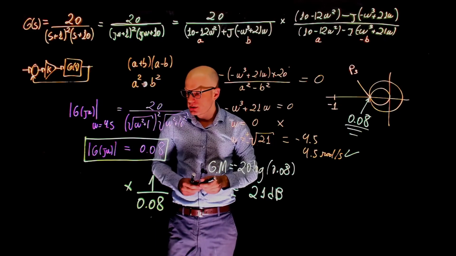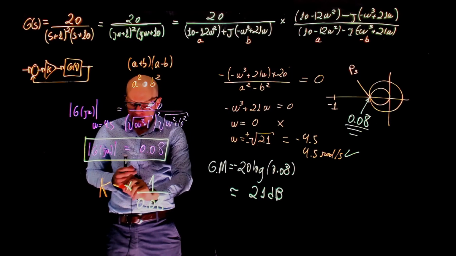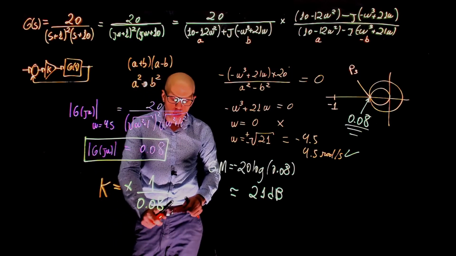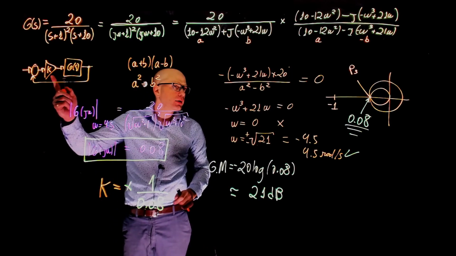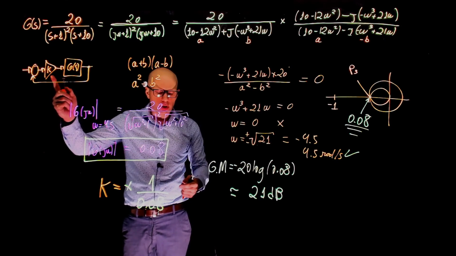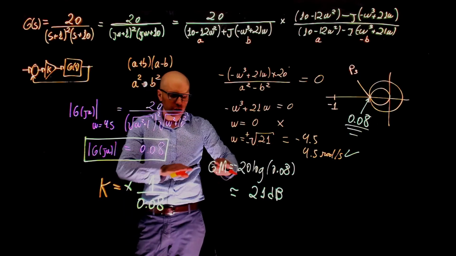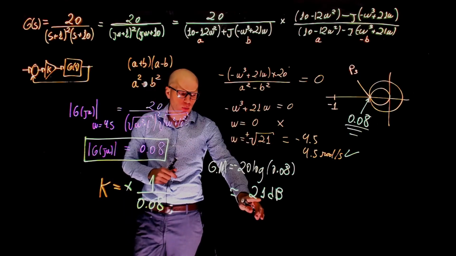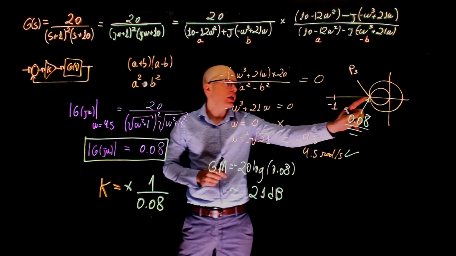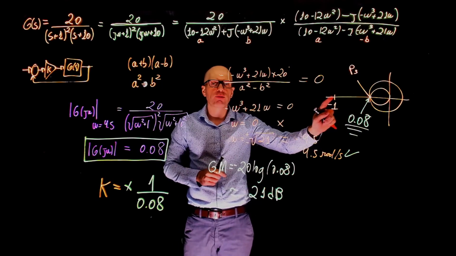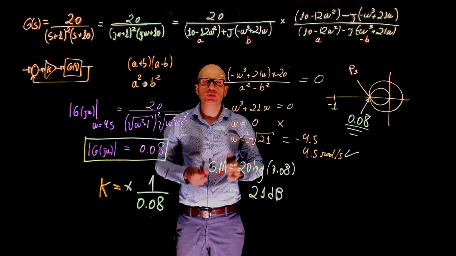What is this? This is actually the value of k. If k equals 1 over 0.08 there, what are we doing? We are multiplying the transfer function by this amount. We are shifting the Bode plot up by 21 decibels. We are making the Nyquist plot go from this point to -1, and the whole thing becomes closed loop unstable.